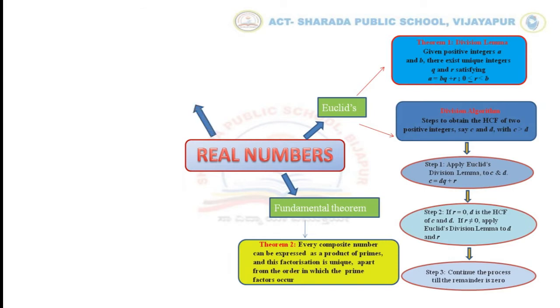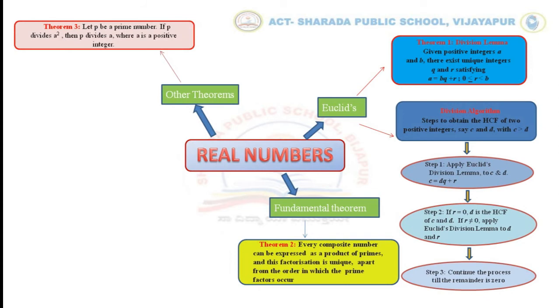Now we'll move to the next part, that is other theorems. The first one is theorem 3. Let P be a prime number. If P divides A square, then P divides A, where A is a positive integer. That means, for example, we can take 2 divides 4 square.